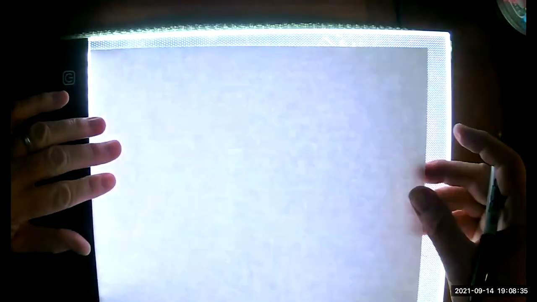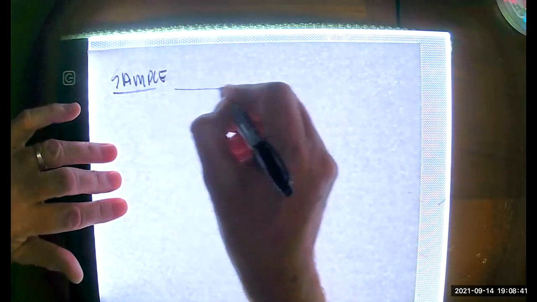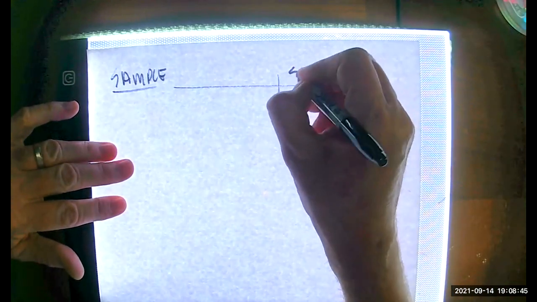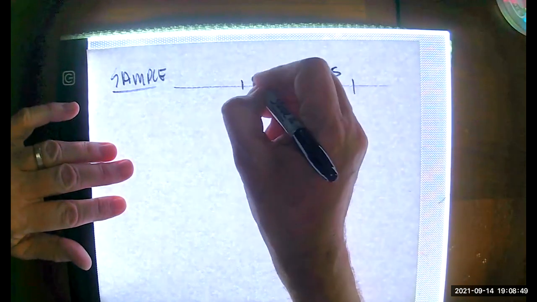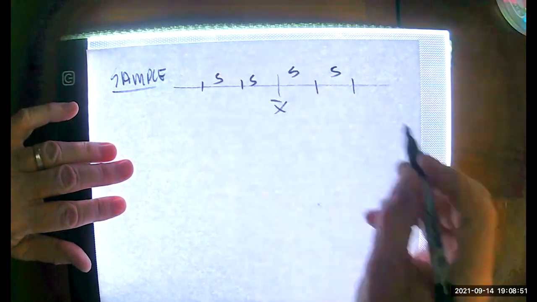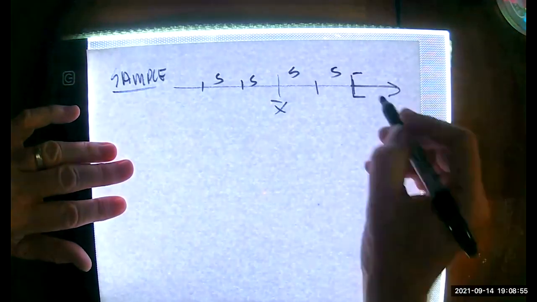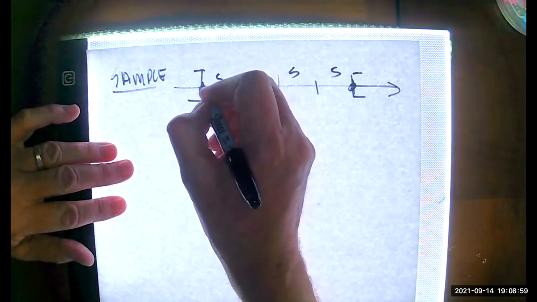I'll give you the generic stuff first with the formula for a sample. If we put stuff on a number line, and I've got my X bar in the middle, there's one S, there's two S's above the mean, there's one S, there's two S's below the mean. The stuff out there, including this data point right there, is significantly high.